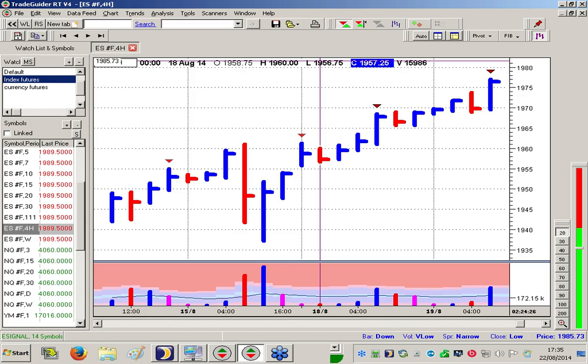Now, a classical test, we've repeated it many, many times. So we look, see what the computer says. Bar is down, yeah, we know that, red bar. Volume is low. What's that mean? That's no supply. The spread is narrow. I'll be damned, spread is narrow, look.